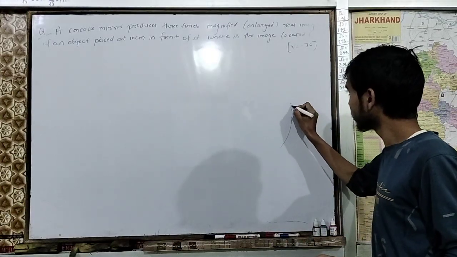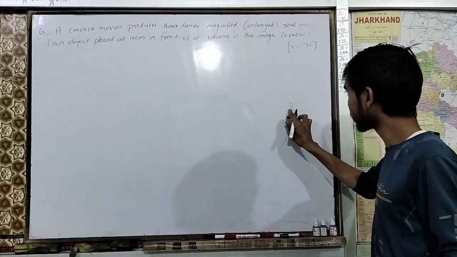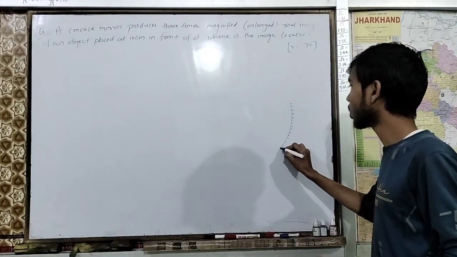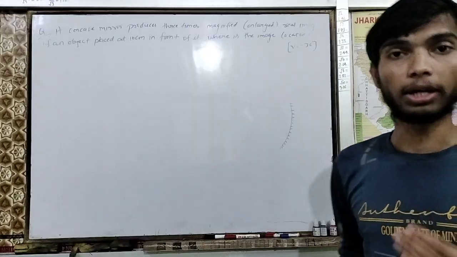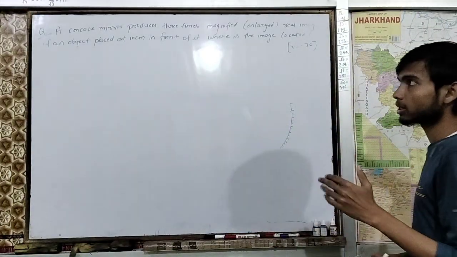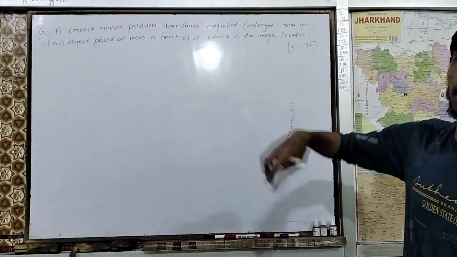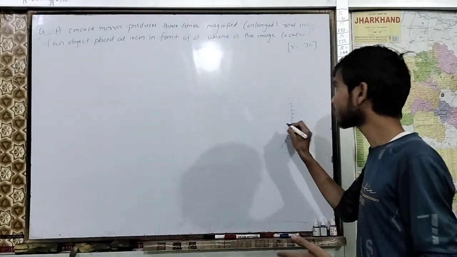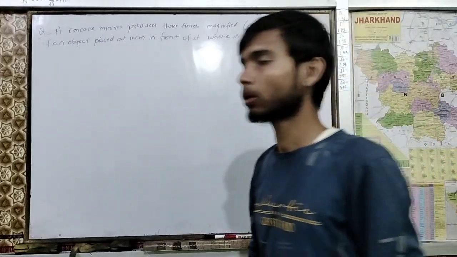The outward part is a coated area, a painted area. This inward surface is our reflecting surface, and this mirror is nothing but a concave mirror.